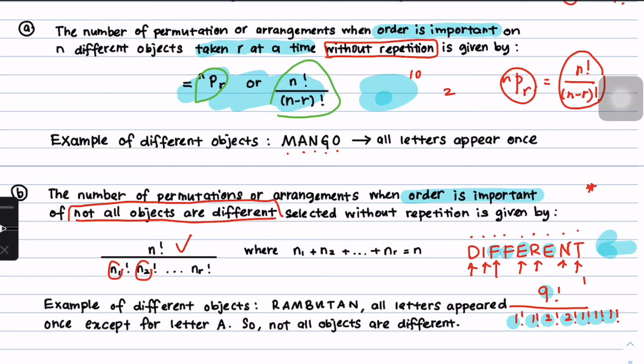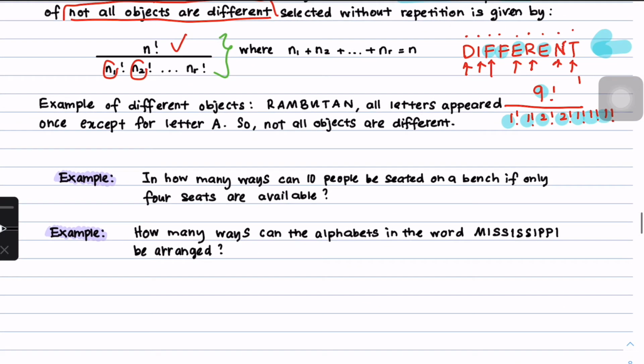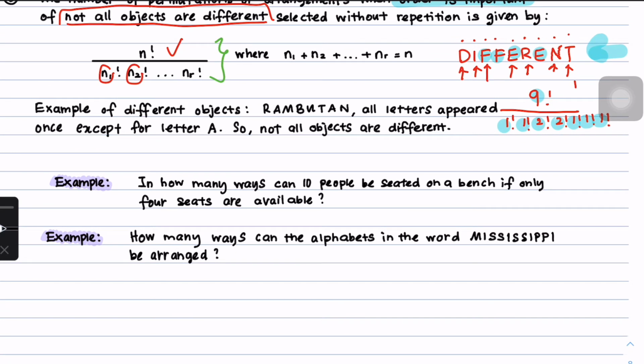But if in the experiment you have two of the same object, you need to use this kind of formula. Now if you see in our word here, we have a repeated I and also a repeated S here and also a repeated P here. So we cannot use the first one, we need to use the second one, where the second formula is n factorial divided by n1 factorial, n2 factorial, until however many numbers you have.